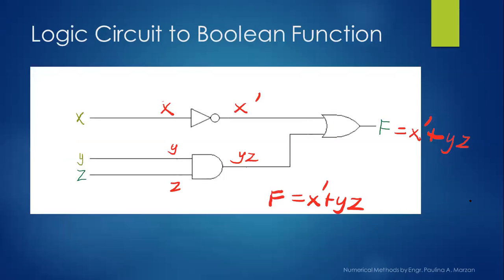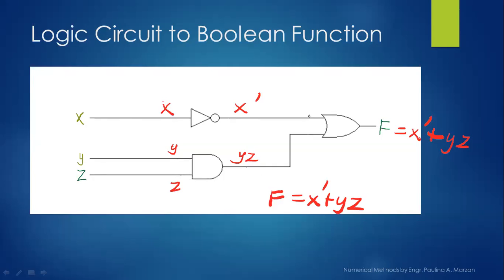Now, what about if we are going to have a logic circuit to Boolean function? So here, if this is x, this is y, and this is z, on the other end, this is x prime. If this is y and this is z, y and z is equal to y, z.